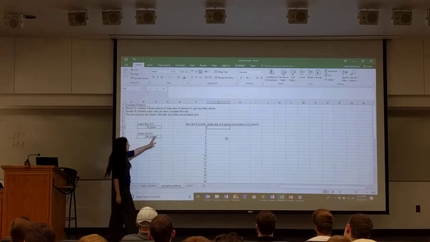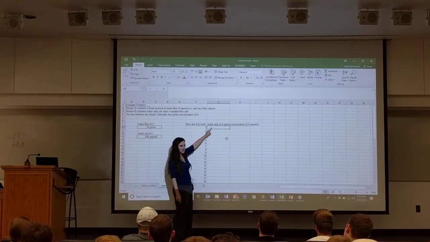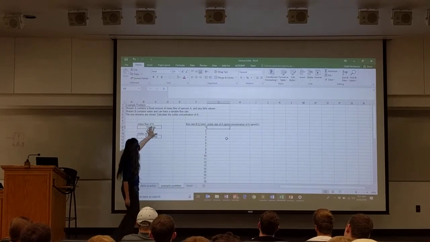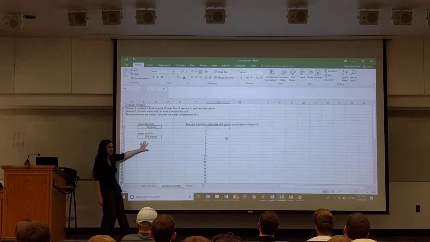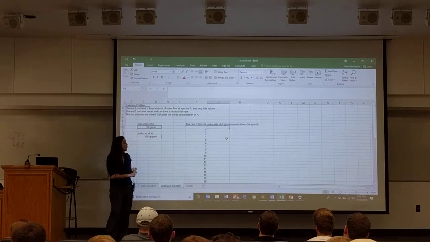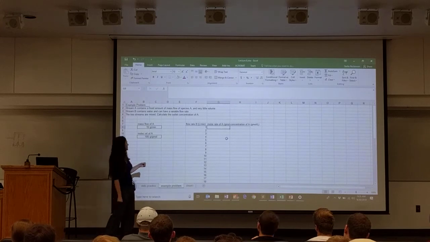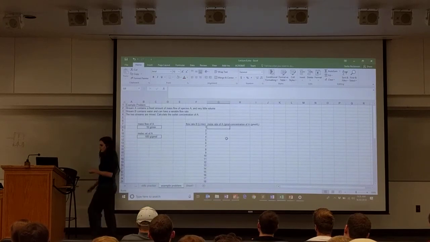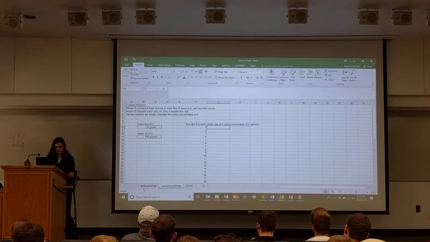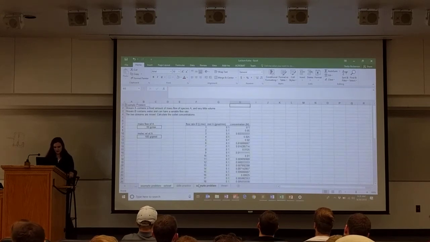So, what formula should I put right here, using what information we have on this sheet, to give me the molar rate of A, or the outlet concentration of A is what it actually is. You know what?